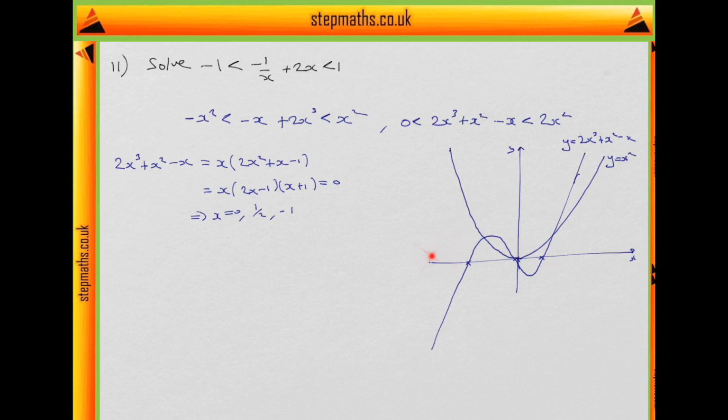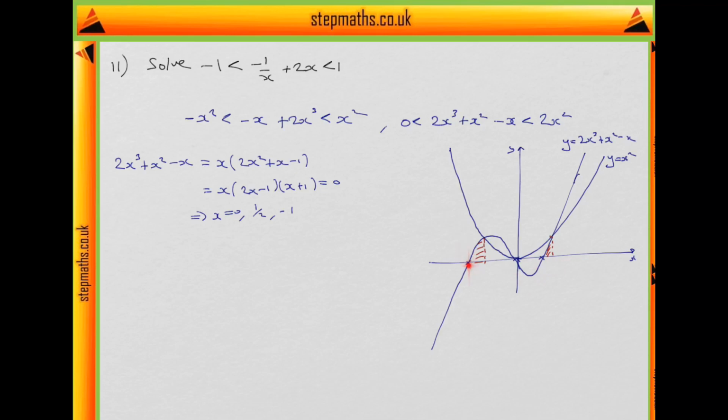We want to consider only above the x-axis, otherwise it's less than 0. And for this region here, our 2x cubed curve is less than our 2x squared term. So we're concerned with this region here. And we're also concerned with this region here, ignoring this section because this is less than 0.